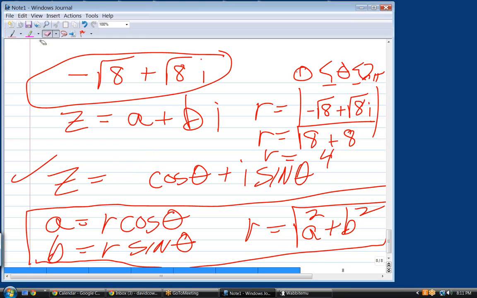So our answer is 4 times that. Now, hold on. Because the reference angle for theta is minus pi over 3, the book does it slightly different than I do it.